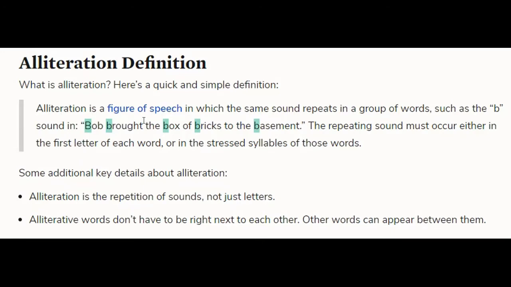Alliteration is a figure of speech in which the same sound repeats in a group of words, such as the B sound in Bob brought the box of bricks to the basement. Here the repetition of B is shown. The repeating sound must occur either in the first letter of each word or in the stressed syllables of those words.